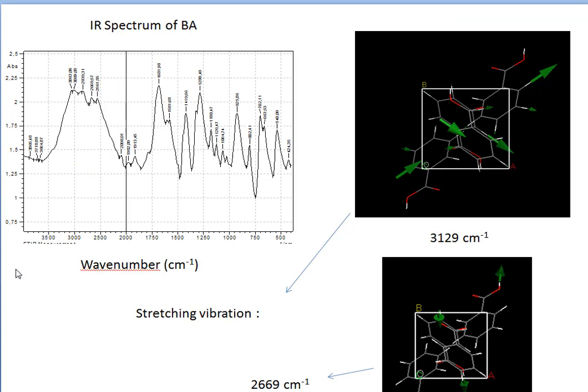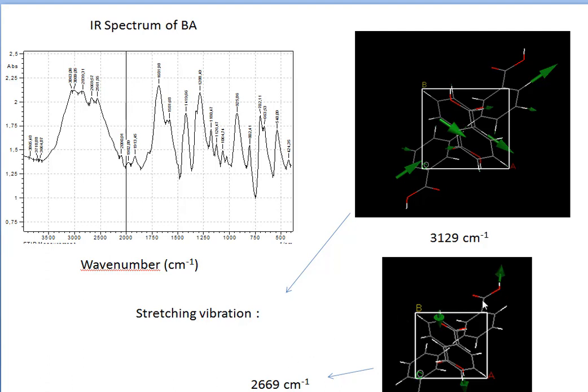In order to explain the experimental infrared spectrum represented here, we have calculated the frequencies by using DFT calculations. This region is generally assigned to stretching vibrations. We can see here the CH stretching vibration at 3129.